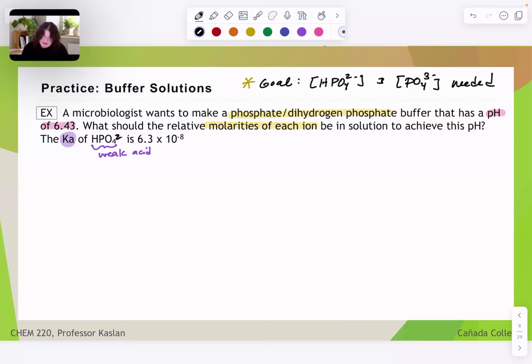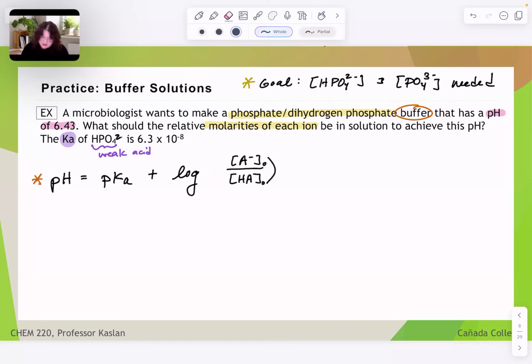All right. Anytime we hear the word buffer, we should be thinking about the Henderson-Hasselbalch equation. So let's write the Henderson-Hasselbalch equation. This says that pH is equal to the pKa of the weak acid plus the log of the proportion of concentrations of the added amount of conjugate base, A minus, compared to the amount of acid, HA, where again, we are assuming that these are their original concentrations, as prepared.